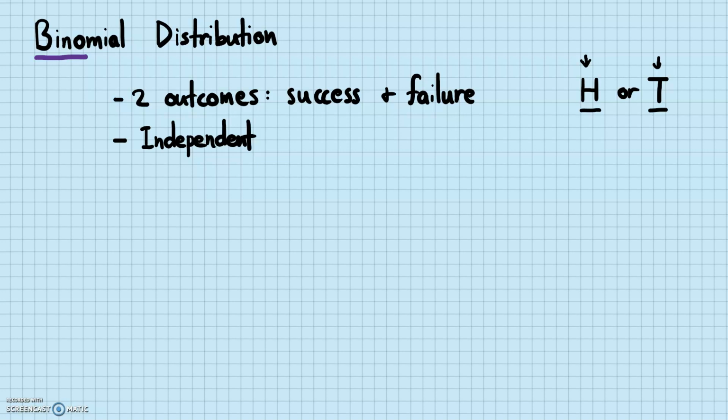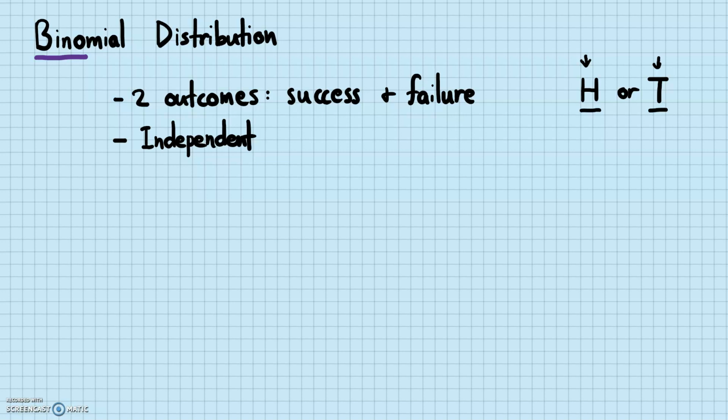So the coin flip passes as a binomial distribution, whereas picking two kinds of marbles without replacement will not be, because which marble you pick first is going to affect which marble you pick the second time. And a die roll is not going to be a binomial distribution because it doesn't have two outcomes. It has 6 different outcomes.